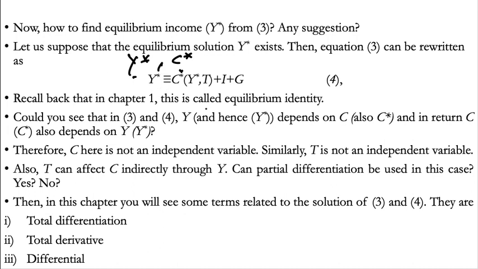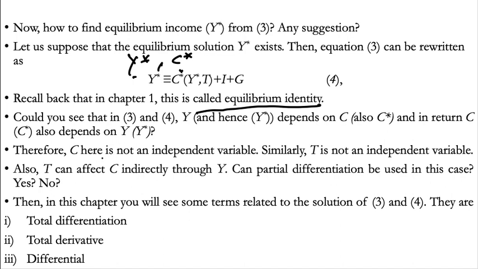Now, this expression 4 is what we call an equilibrium identity. If you look at 3 and 4, if it is in equilibrium, Y star depends on C star, and in return, C star also depends on Y star.